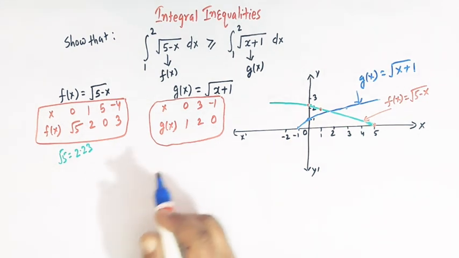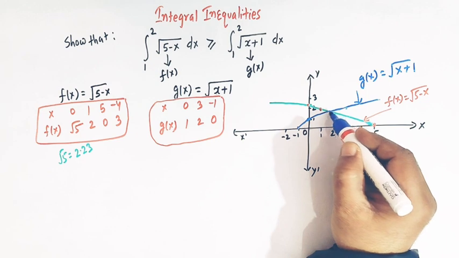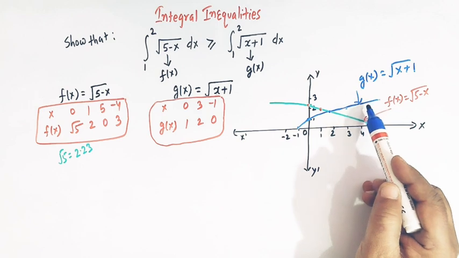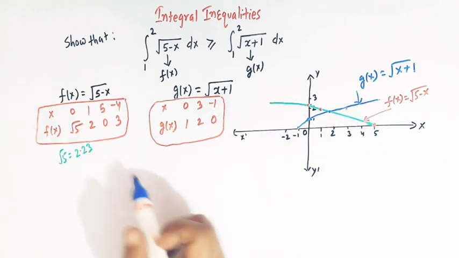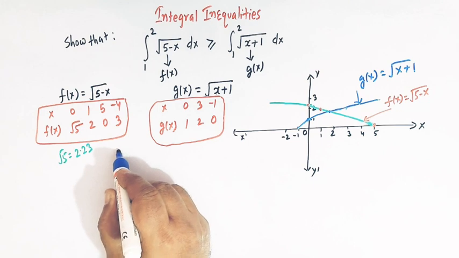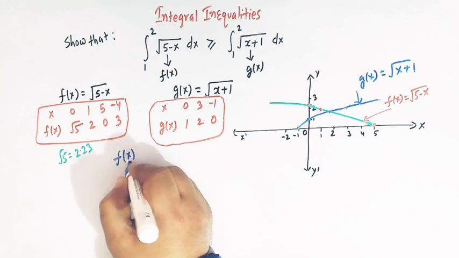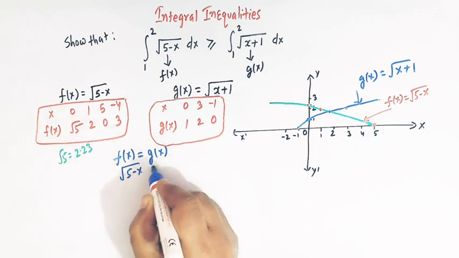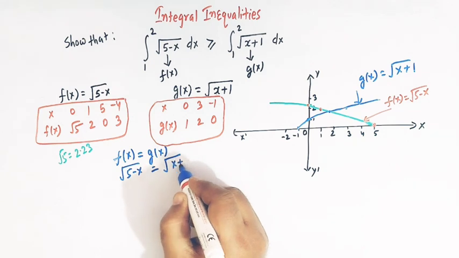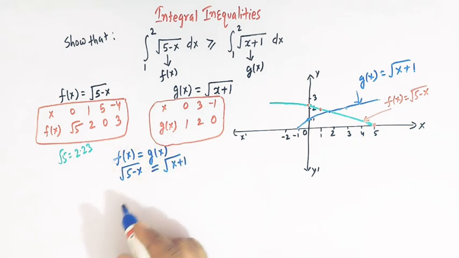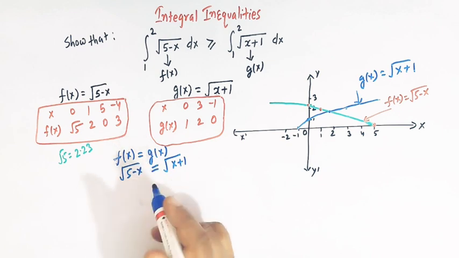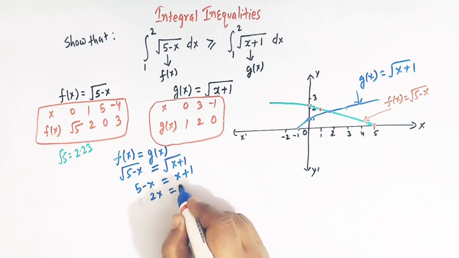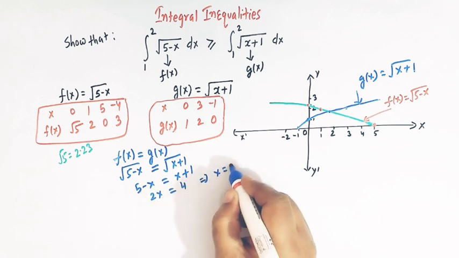Now let us calculate the point of intersection of these two curves, the blue curve and the green curve. The point of intersection may be obtained by equating f of x and g of x: square root of 5 minus x is equal to square root of x plus 1. Squaring both sides, we have 5 minus x is equal to x plus 1, so 2x is equal to 4, and x is equal to 2.